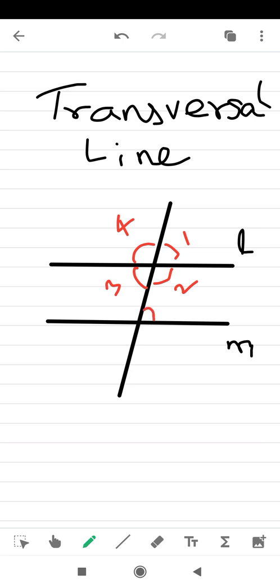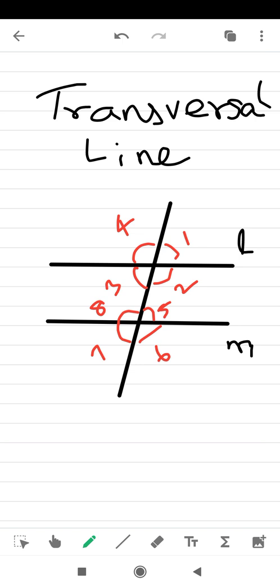So this will be 5, this is 6, this is 7, and this angle is 8. So 8 new angles are formed because of this transversal line. Any two parallel lines that are cut give you two sets of 4, a total of 8 angles.